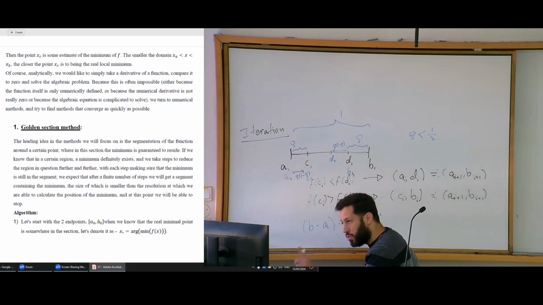Now I will choose some row that makes the evaluation I do for the function only for one new point instead of two new points. Okay, so I will ask for D2 or C2 to be equal to C1.